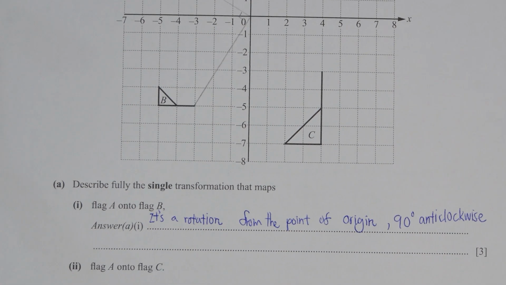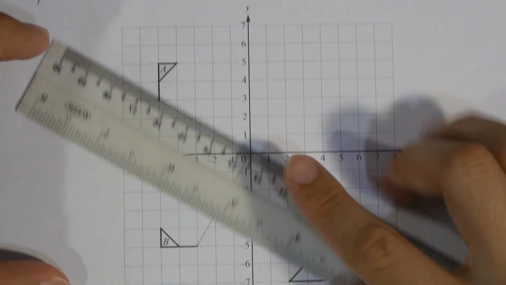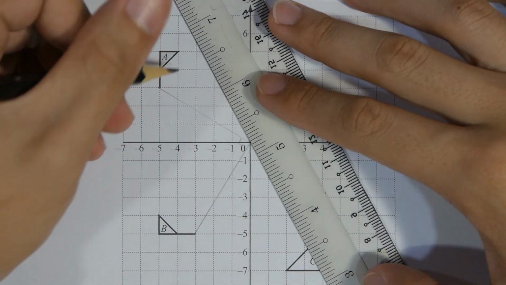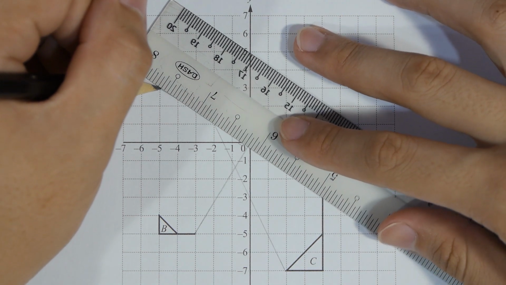Whereas for A to C, this one is actually an enlargement from the point -2, 1 with a scale factor of 2.